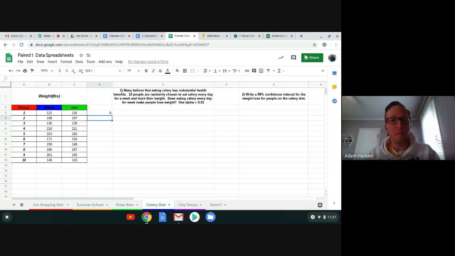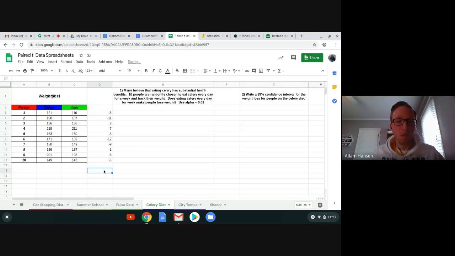Person 1 lost 5 pounds as a result of eating celery for a week. I see a lot of negative numbers. Looks like eating celery might cause you to lose weight.